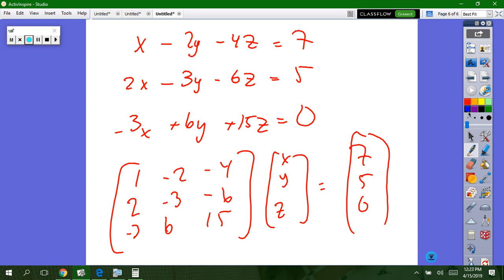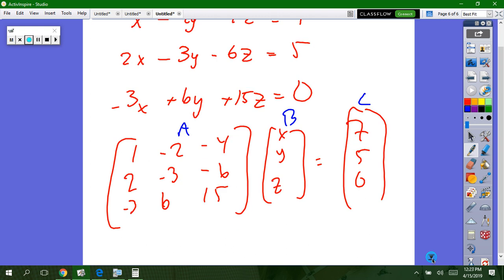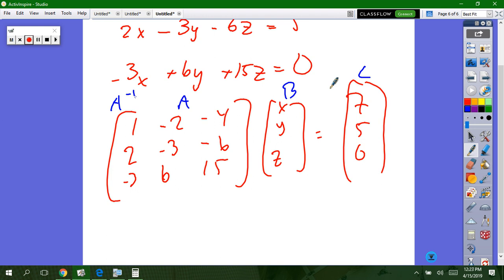So once again, I'm going to call this matrix A, matrix B, matrix C. I want to solve for matrix B, right? How do I get B by himself? I multiply by what? A's inverse to both sides. So B is the same thing as A's inverse times C. Agree?